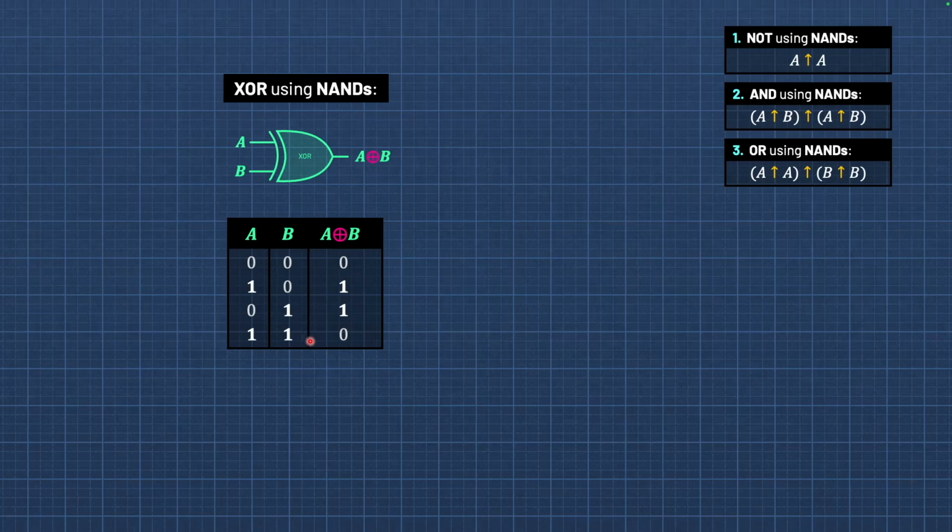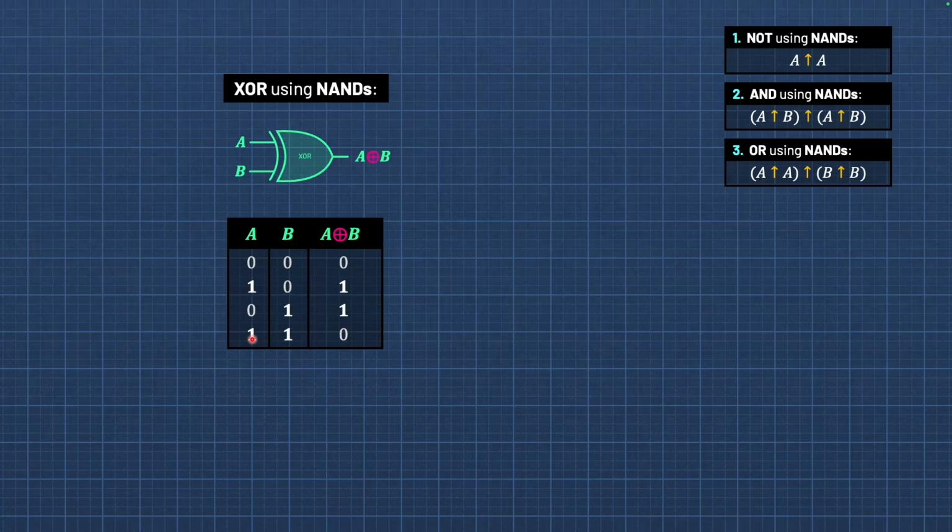The exclusive OR truth table is very, very similar to an OR operator, but the only difference is that it does not allow for both inputs to be true at the same time. So if A is 1 and B is 1, the result is false. Look at what we have: 0 XOR 0 is 0. 1 XOR 0 is 1. 0 XOR 1 is 1.